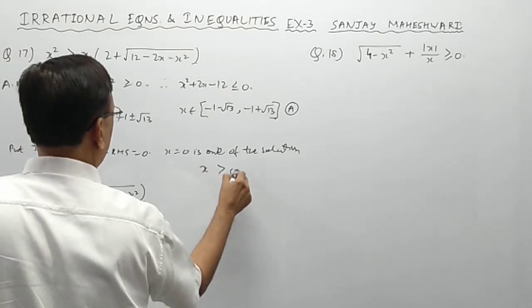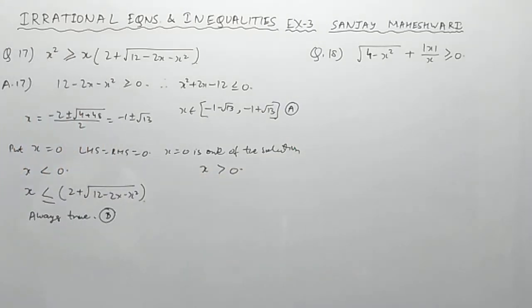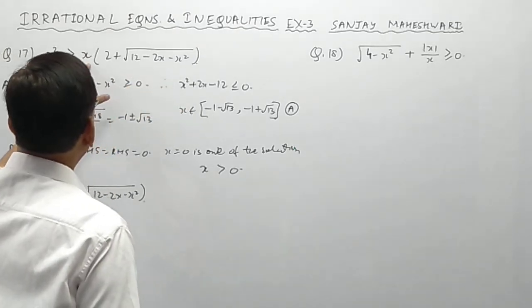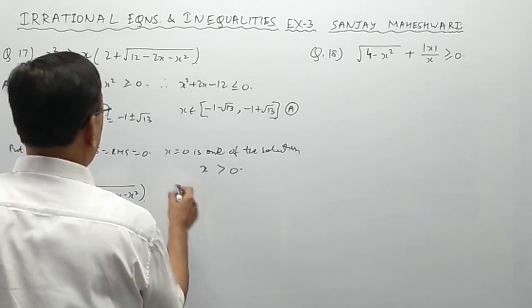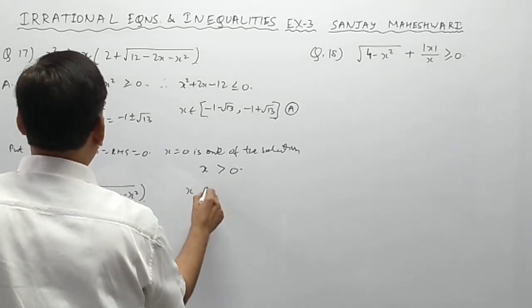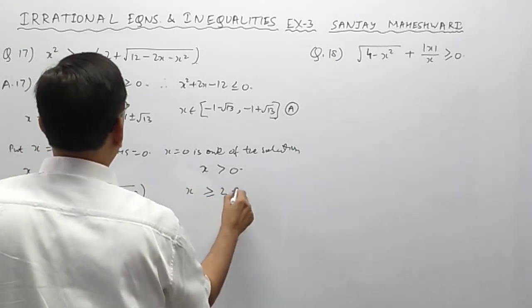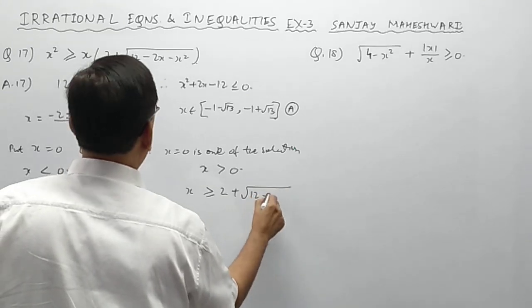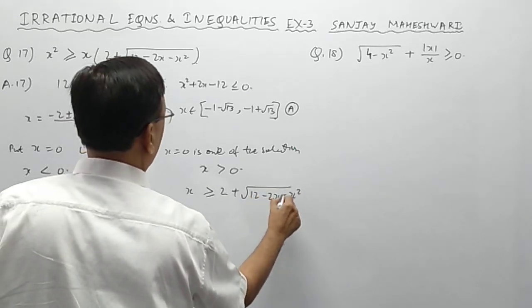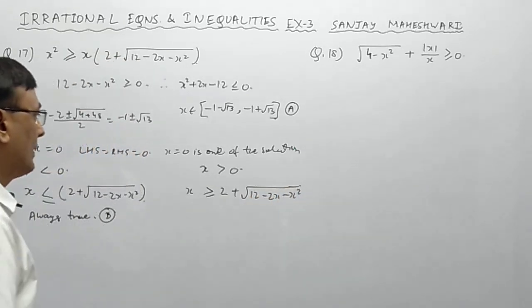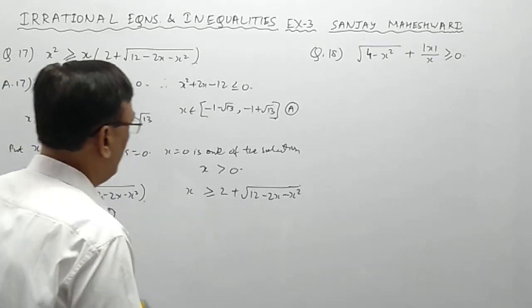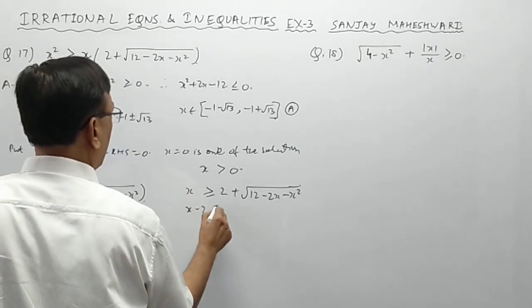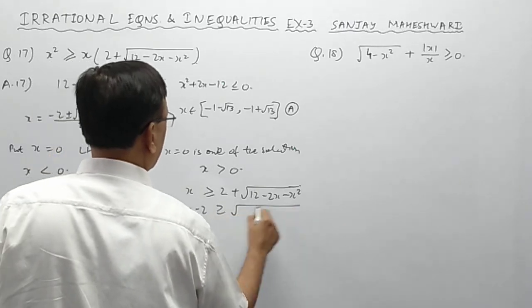Now let us put x greater than 0. If x is greater than 0, this side is completely positive and this is also positive, so we can cancel out x from both sides. x is greater than or equal to 2 plus root over 12 minus 2x minus x square. Now x is positive, so this side is also positive.